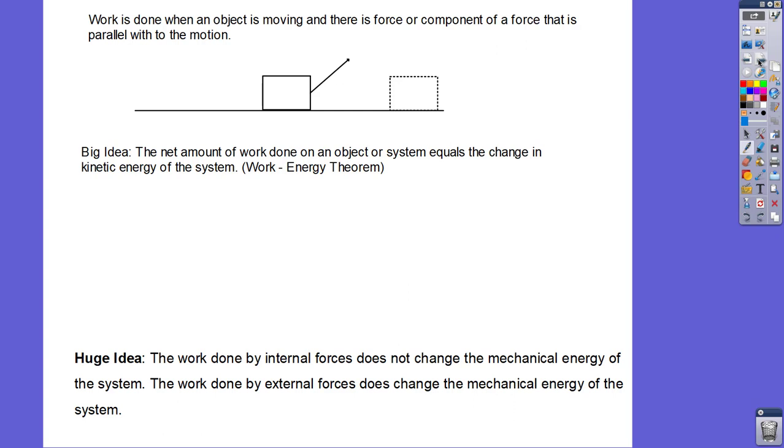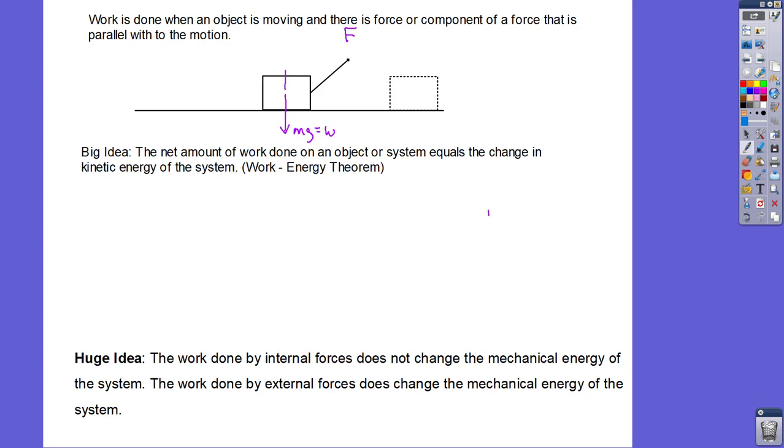Okay, so let's look at all the forces on a box here. We have a box where friction is present. We're going to have some sort of force F. Other forces on the box are going to be a weight force equal to mg.